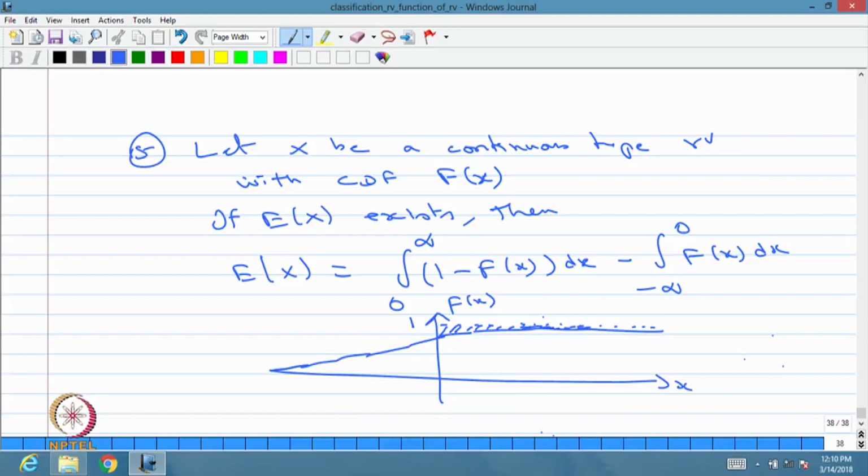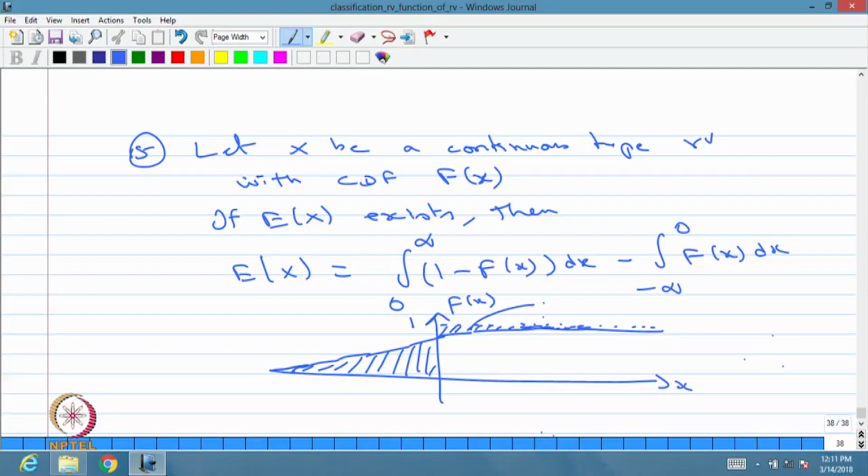Next, the integral from minus infinity to 0 of F of x dx, that means this part. So, whenever the expectation exists for a continuous type random variable, this area is with the plus sign and this area is with the negative sign.